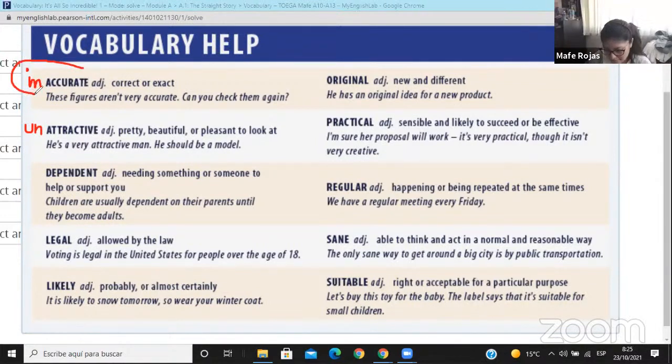Right? The same way that we have in Spanish. Okay. And attractive basically means good looking, pretty. The negative is unattractive. So an unattractive person is the opposite. It's an ugly person, basically. It's like, I don't know how to say in English, antónimo. Yes, like an antonym, the opposite of the word.